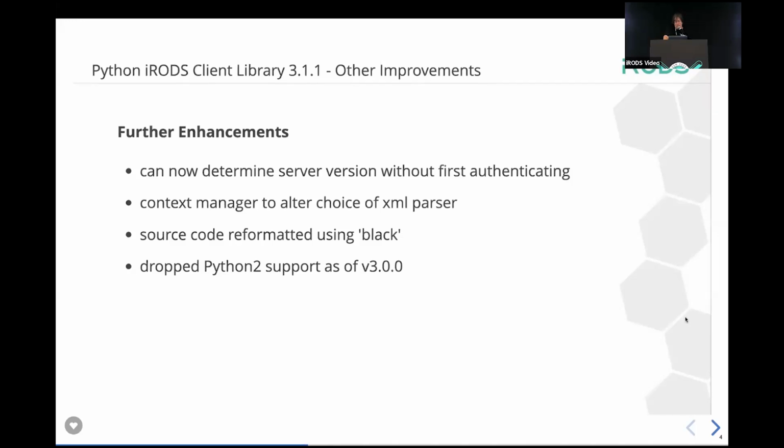Also, we've had the entire source code base of PRC reformatted using the black formatter. We have dropped Python 2 as of version 3.0. That speeds us up when we're doing work, as we no longer have to consider those old versions. And I don't think anyone deliberately is using Python 2 anymore.